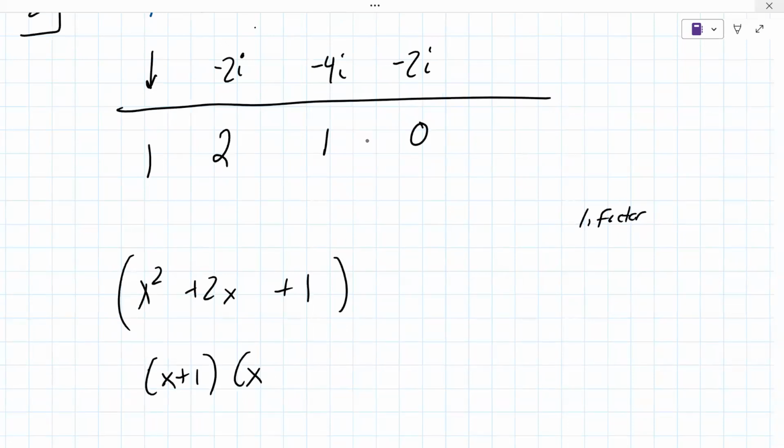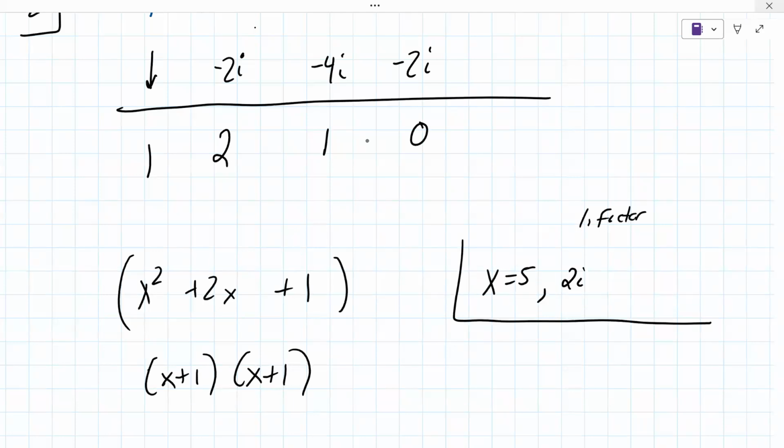Now, sometimes they say to write it as linear factors. So if you recall from earlier, you had the following roots: x equals 5, 2i, and -2i. These correspond to x minus 5 for 5, x minus 2i, and x plus 2i.